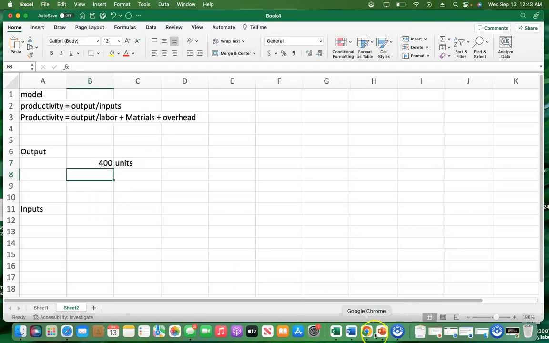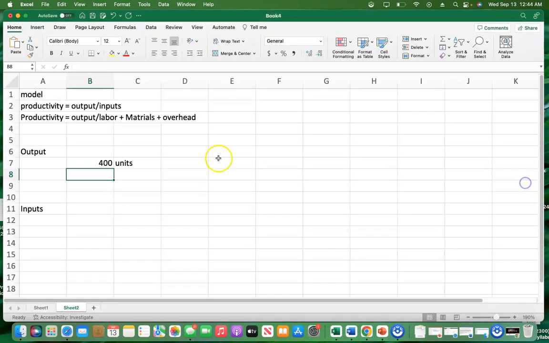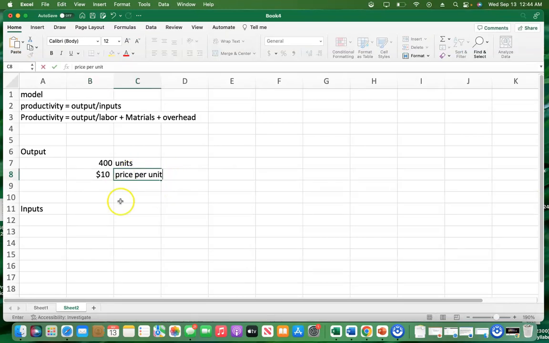The question also says that each product can be sold in the market for $10. And so we can also find the revenue. In this case, we have $10 price per unit. And therefore, we can actually identify the revenue.